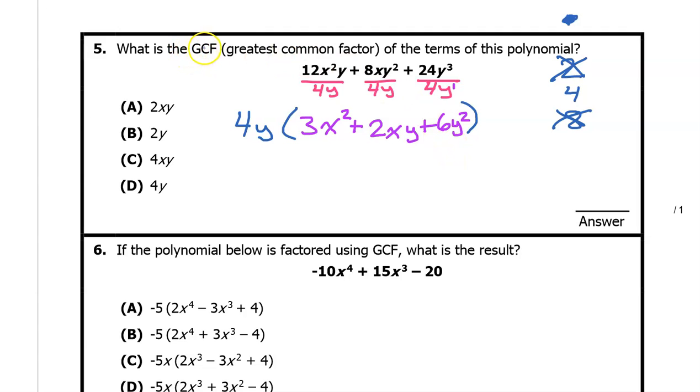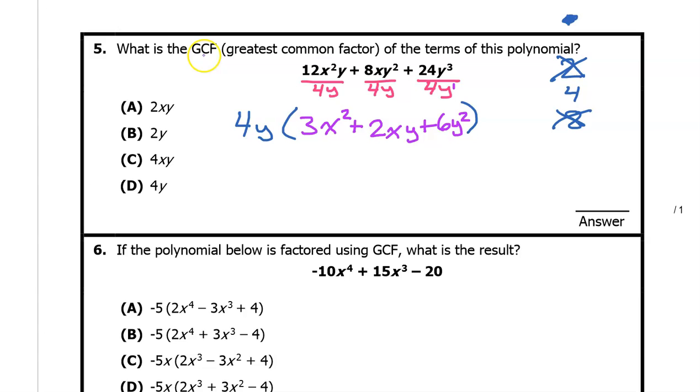You know what? They only asked us for the GCF. Okay, so I didn't really read the directions. That was a good lesson for you, how to factor. So that was a good lesson for what we're about to do on problem number 6. But they didn't ask us to factor the polynomial, which is what I did.